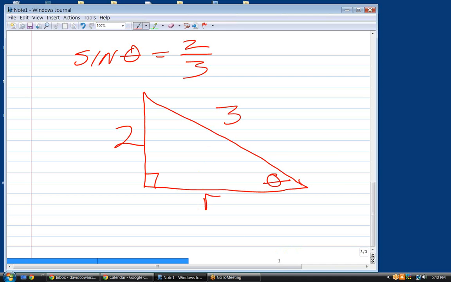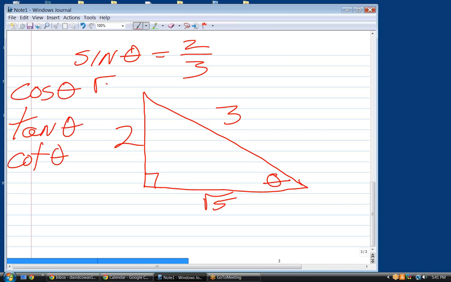Now, once you have this thing fully dimensioned, all 6 trig functions are a piece of cake. What's cosine of theta? Cosine of theta is square root of 5 over 3. What's tangent of theta? It's 2 over square root of 5, which rationalizes to 2 root 5 over 5.